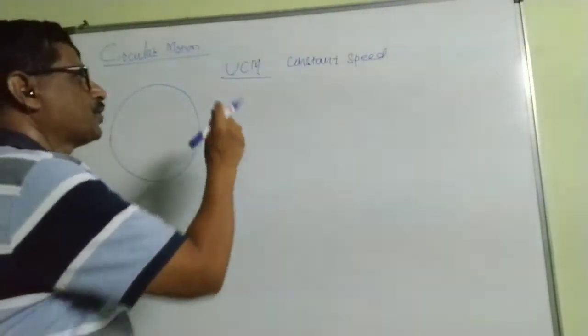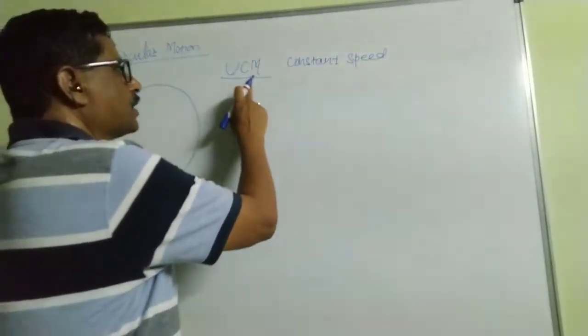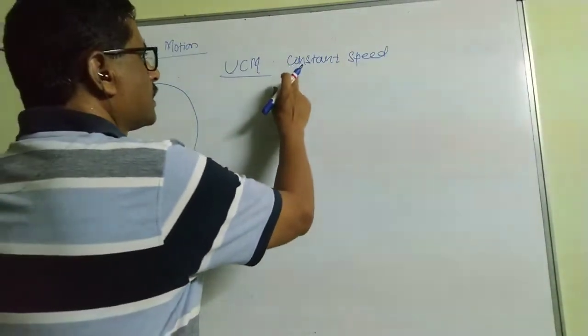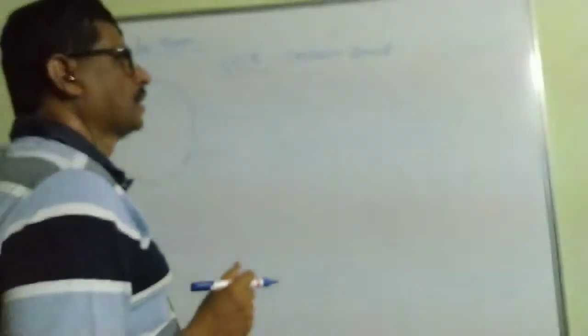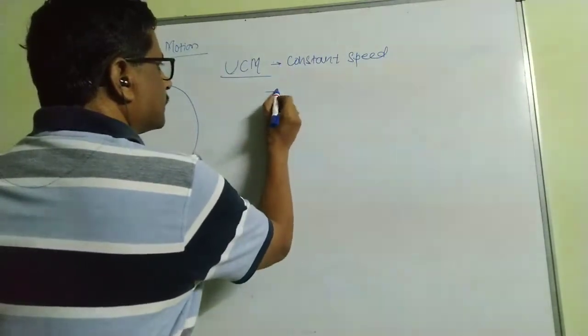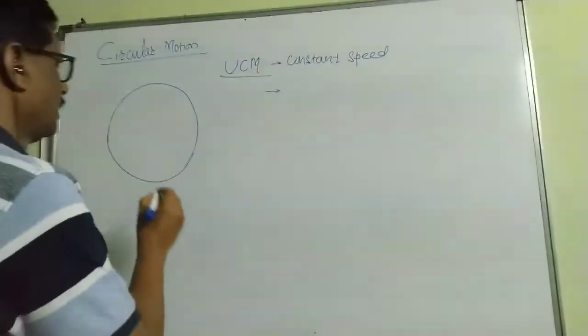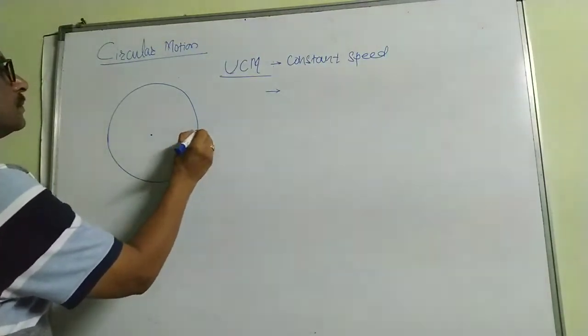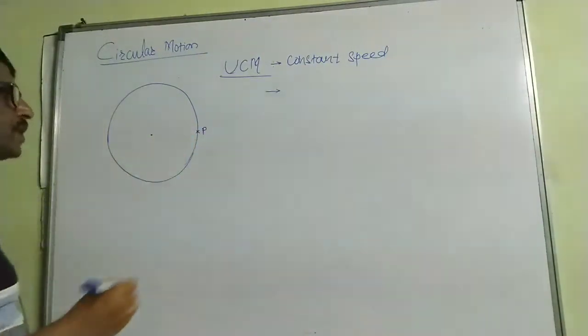In uniform circular motion, a particle in a circle performs circular motion with constant speed. Let us consider a particle P in uniform circular motion.